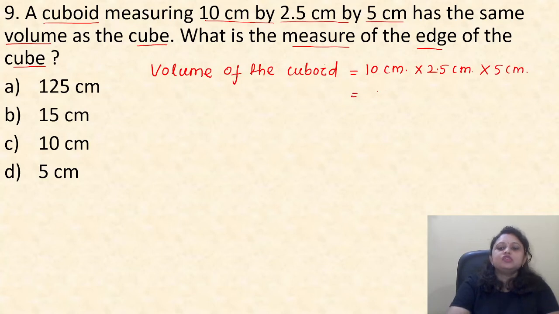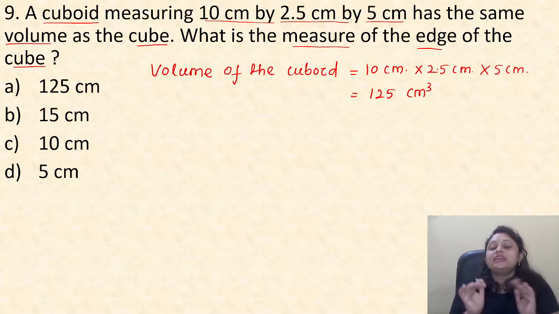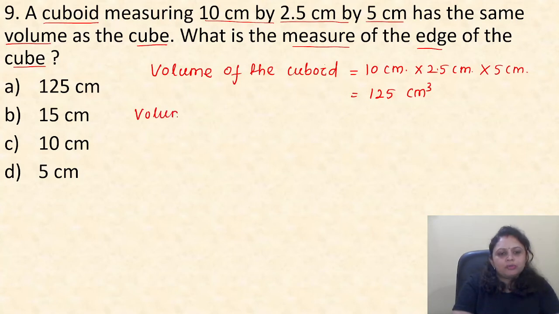So that is equal to 125 cubic centimeter, or centimeter cube. And we know that the cube and cuboid have the same volume. That means the volume of the cube is equal to 125 cubic centimeter.